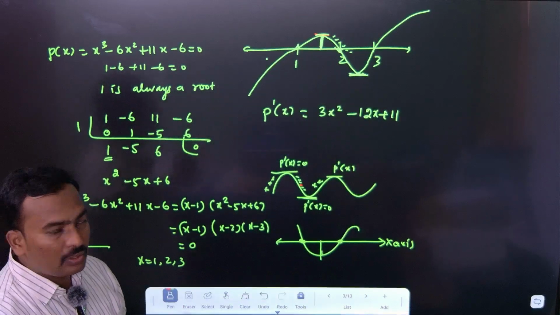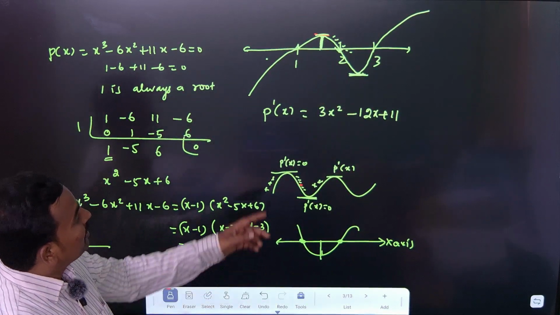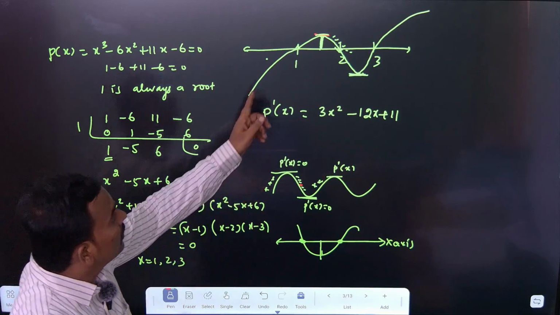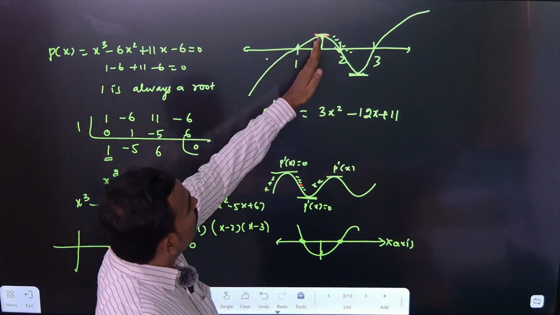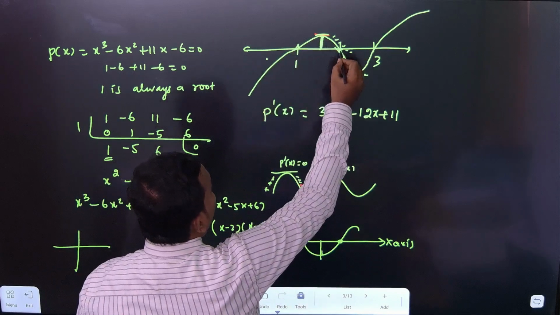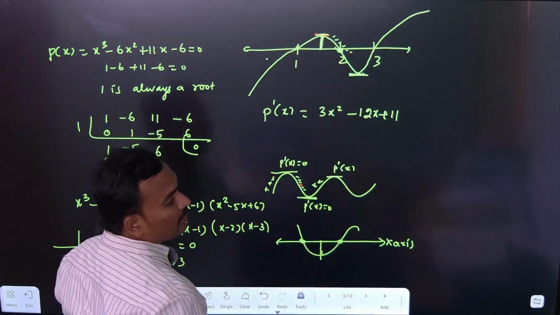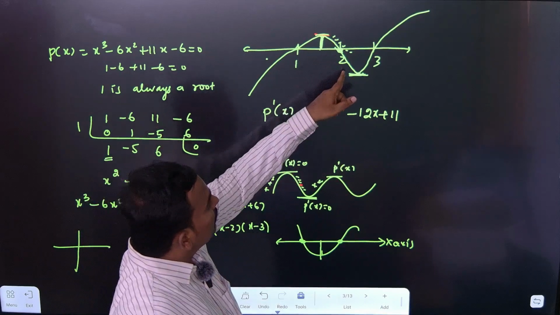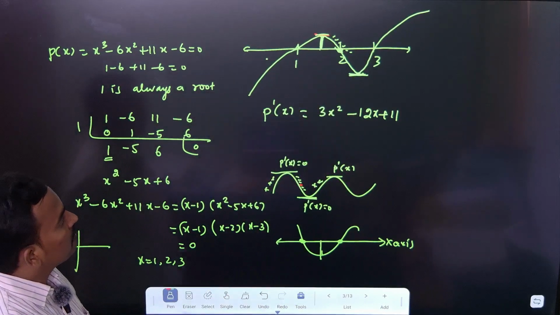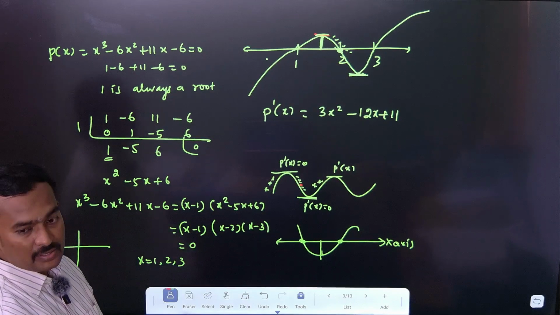Understand? Two critical points means you can see the sign changes of f dash of x. Here it is increasing and decreasing. Here it will cross one point, and then here. So three solutions are possible, right?